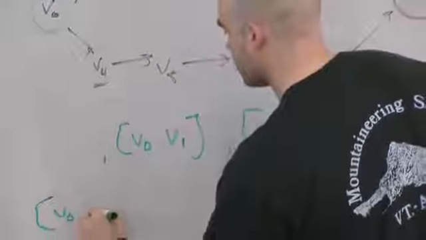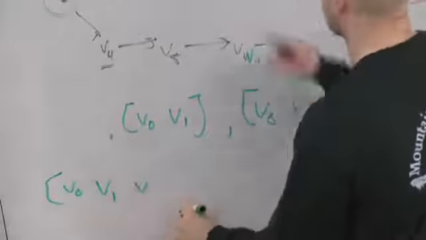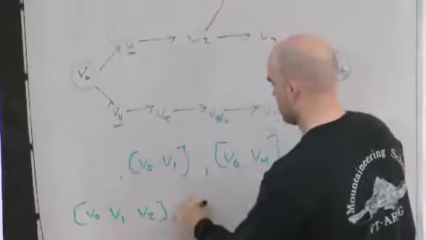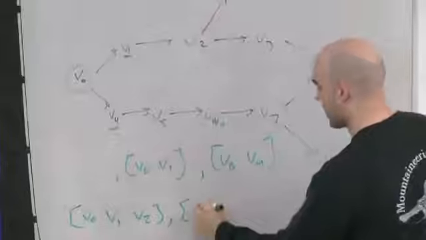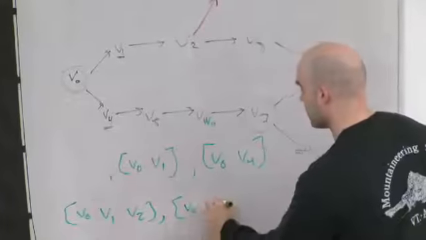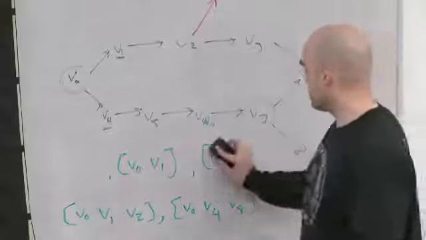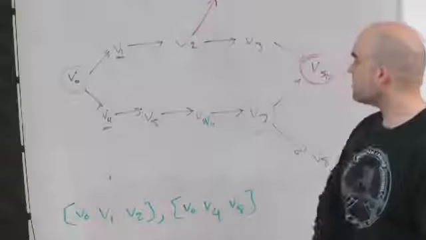And then for V1, I'm going to ask what its neighbors are. And we have V2. And then for V4, we're going to ask the same question. So now we're building our partial paths.